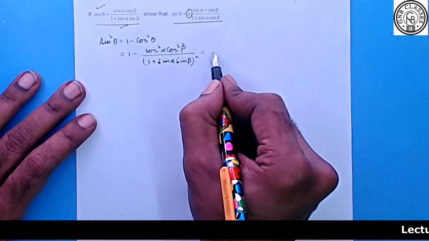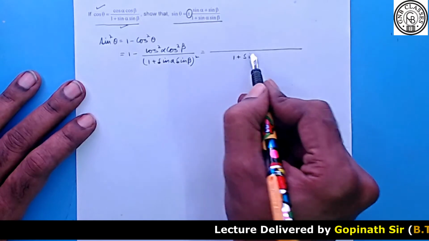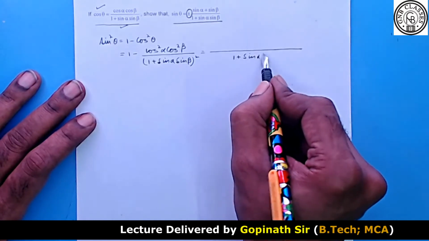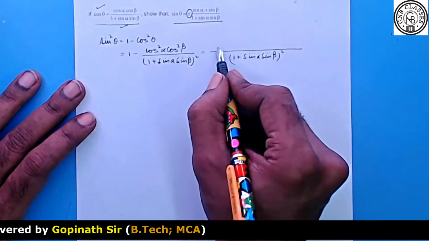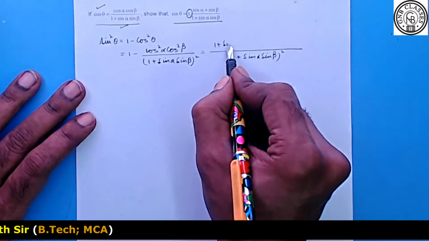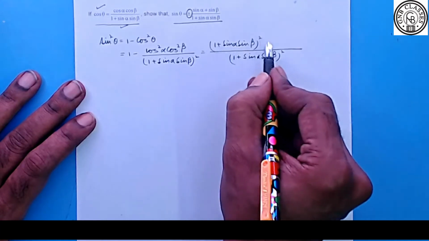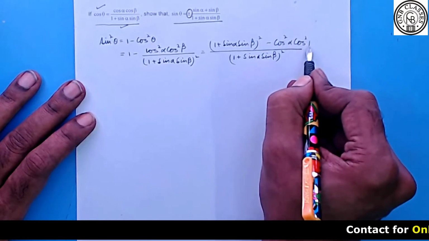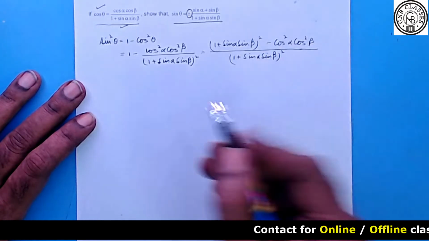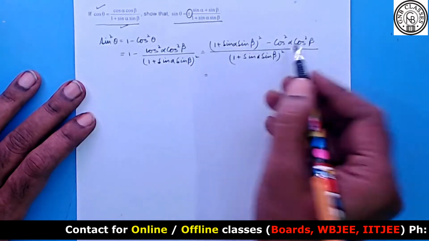So if I take LCM, it will be (1 plus sin alpha sin beta) whole square minus cos square alpha cos square beta. Is it clear? So we can write this using the a square minus b square formula.